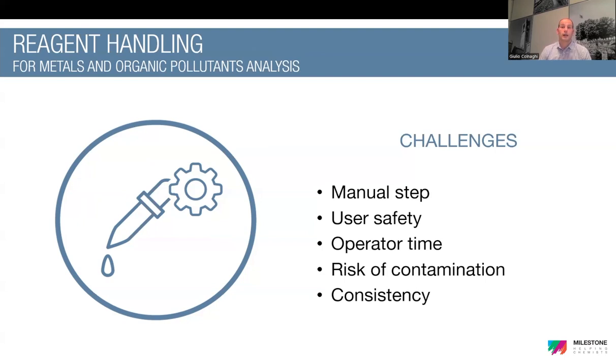It also requires a lot of operator time, and during the addition of the reagent we can face contamination. Plus, since it is a very repetitive operation, it can suffer from a lack of consistency, and therefore you can face issues at the analysis later on.